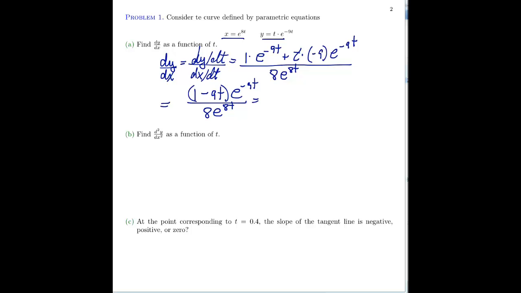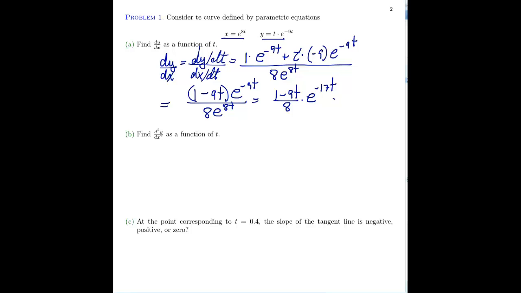And we could take 1 minus 9t over 8 and then combine the e terms by subtracting the exponents. So this would be e to the minus 9t minus 8t, so minus 17t.